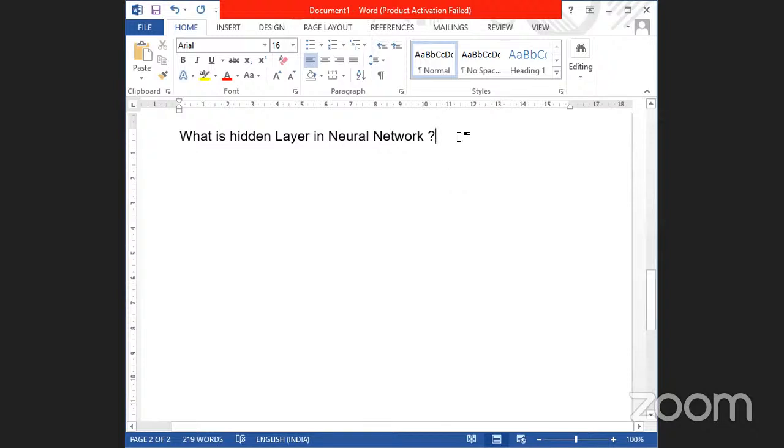All the computation happens here to find the right weightage, like beta naught, beta one values, all those things. Let me write the answer for you.